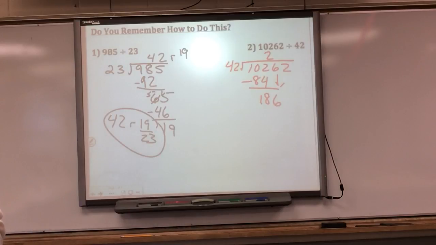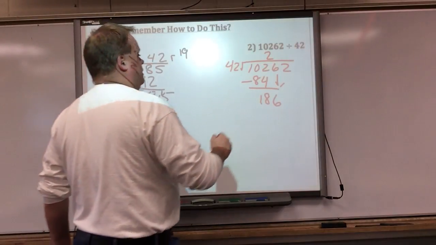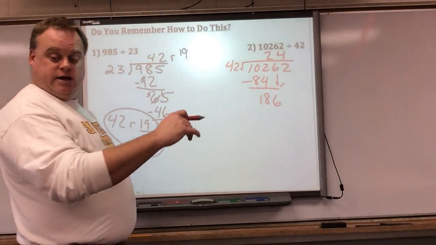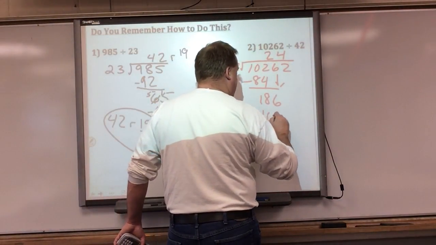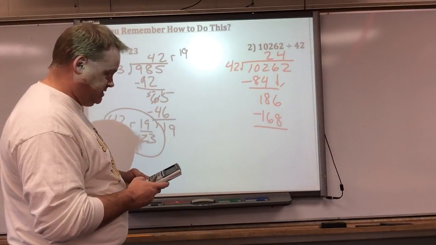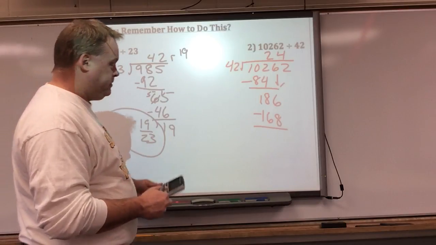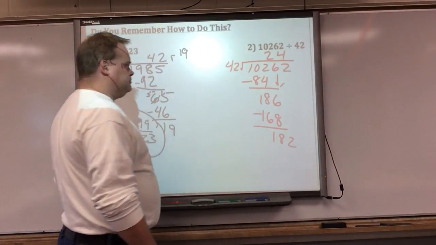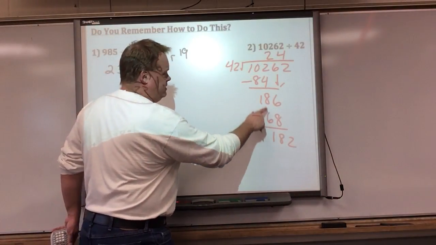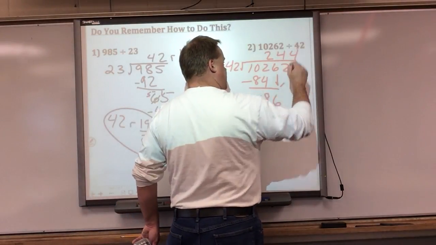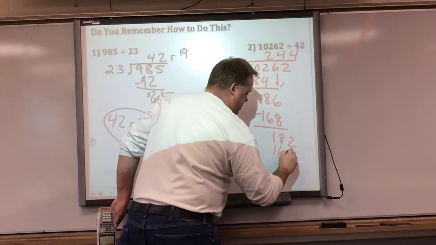So 42 into 186. 186 divided by 42. It's really going to be about 4 times. So I'm going to plug a 4 in. Well, what's 42 times 4? It is going to be 168. Subtract 168 from 186. 186 minus 168 is 18. Bring down the 2. Well, notice that 182 isn't really big difference from 186. So it's going to go 4 times again. Once again, it'd be 168.